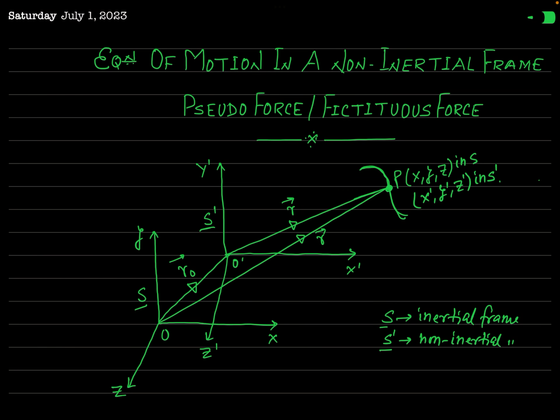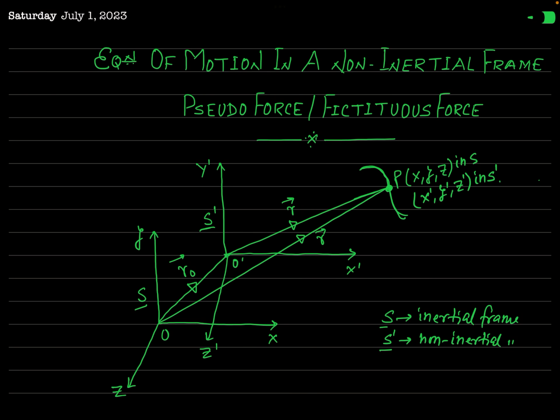You can imagine that initially S prime was coinciding with S, and as S prime is moving, after a time t the frame S prime has reached the position which you are seeing in this figure.